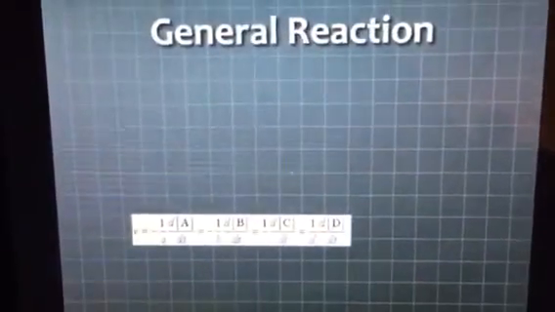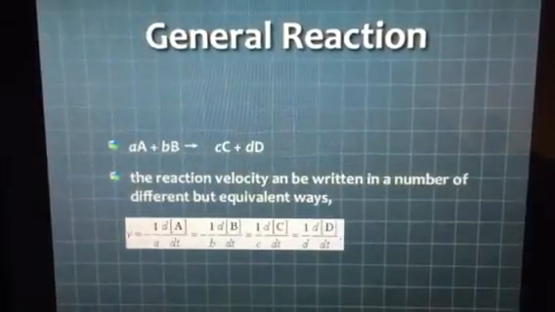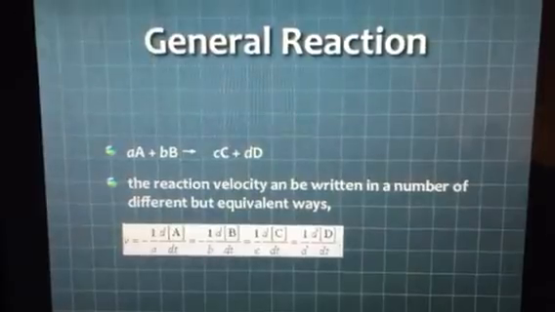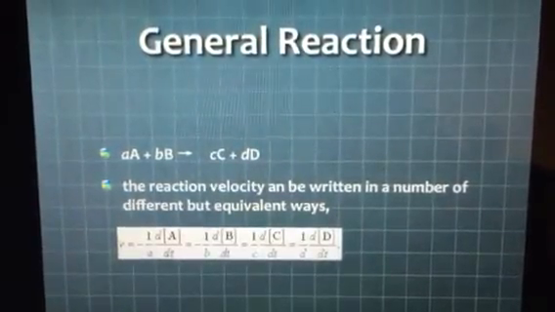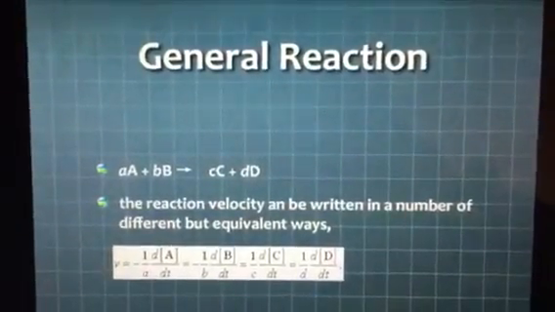Hello everyone, I'm Yuki. The first thing I want to talk about is the general reaction. Look at this formula: aA + bB = cC + dD. The reaction can be written like in the picture.